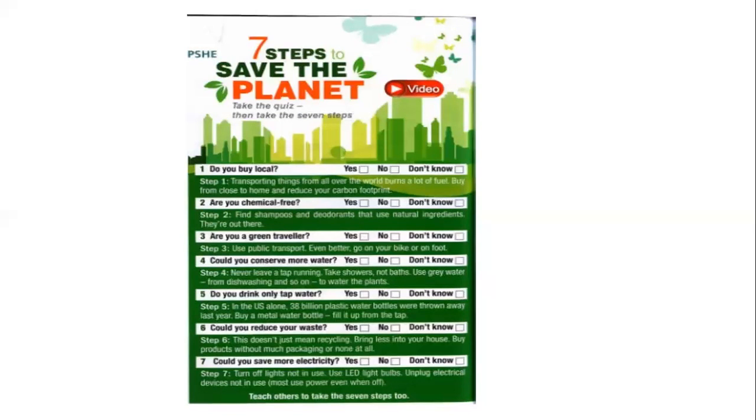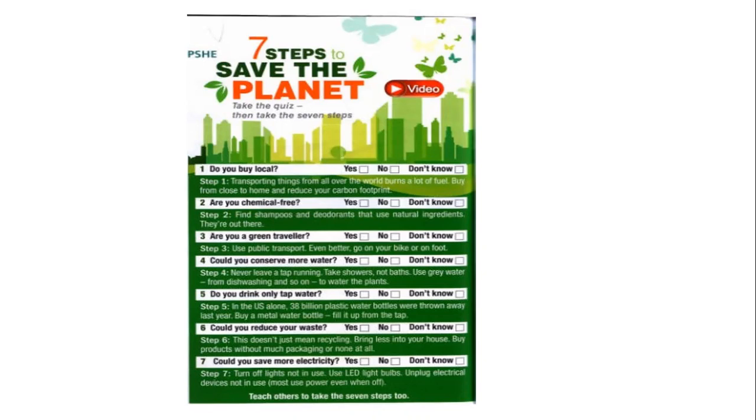Of course, we need to be responsible when it comes to water. We need to take showers, not baths. It's a great idea to save water. And also, we can try to use the gray water from dishwashing, for example, to water the plants.